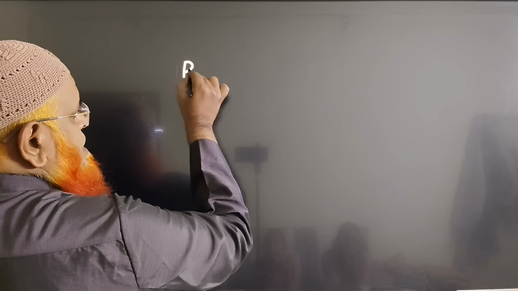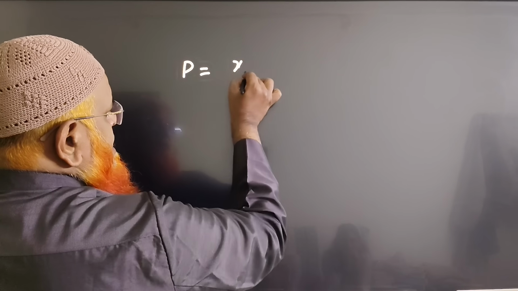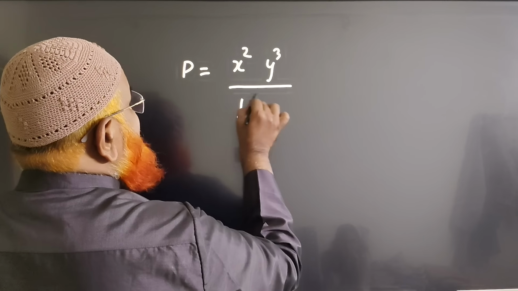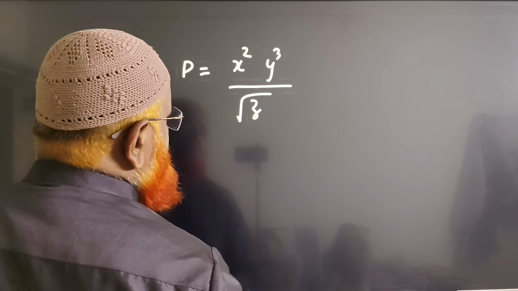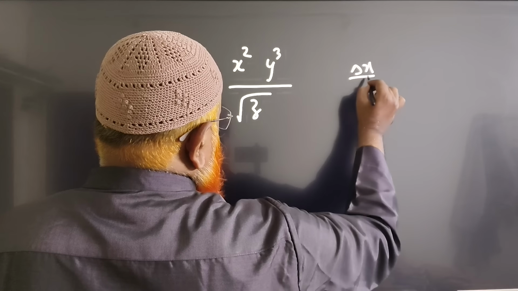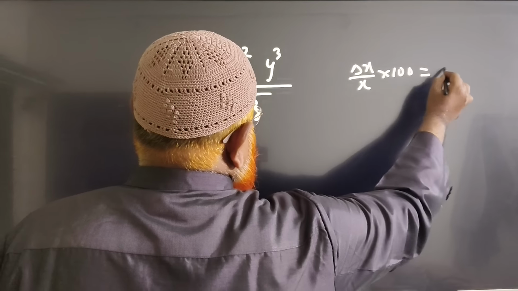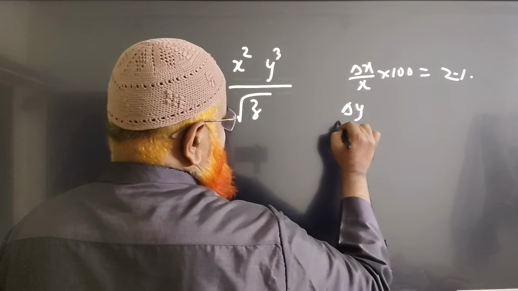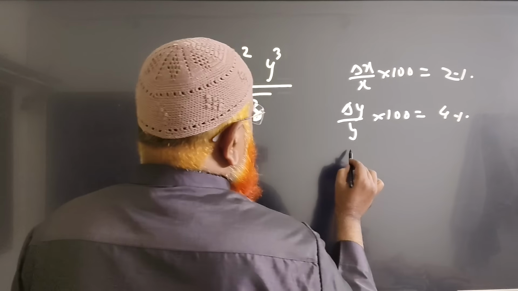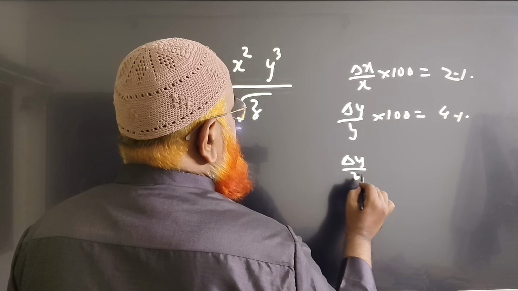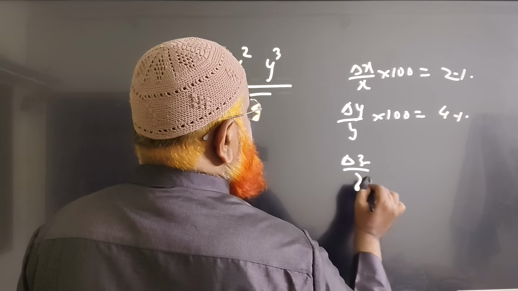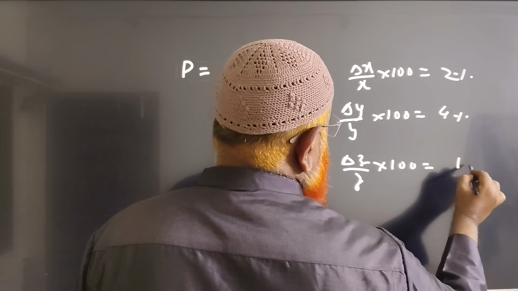If P is equal to x square y cube divided by root z. So root z. Okay. So this is there. If percentage error in x is 2% and percentage error in y is 4% and percentage error in z is 1%.